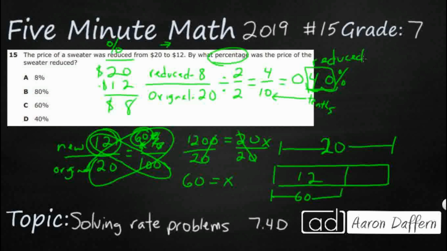That's what I just figured out. My new price is 60% of the original price, but I'm not wanting what percentage is remaining. I'm wanting what percentage is left. And that's where we had to do all of this business right here. So you can figure this out. You can say, well, how much more from 12 up to 20? That's 8. How much more from 60 up to 100%? And that would be 40. Either way, our answer here is D.